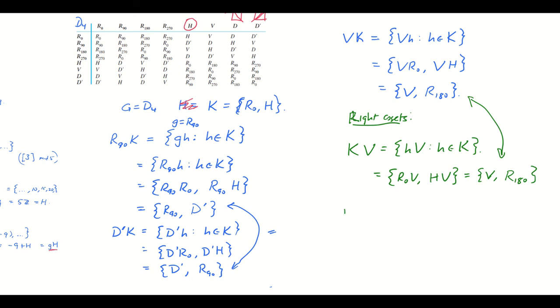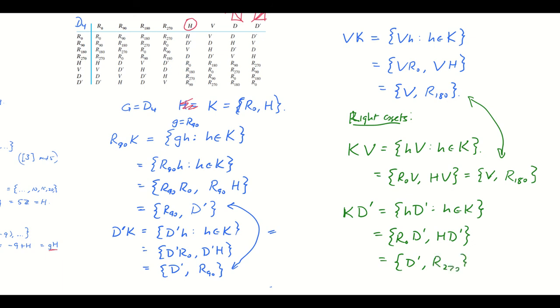Okay, what if we try K times some other element, like let's try K times D prime. In that case, I'm going to have H times D prime, where H belongs to K. And that's going to be R0 times D prime, which is D prime, together with H times D prime, and H times D prime, according to my table, is R270.